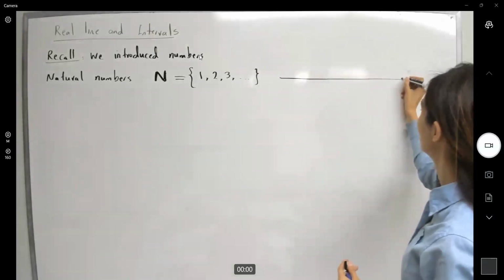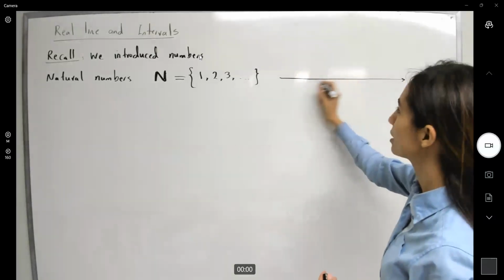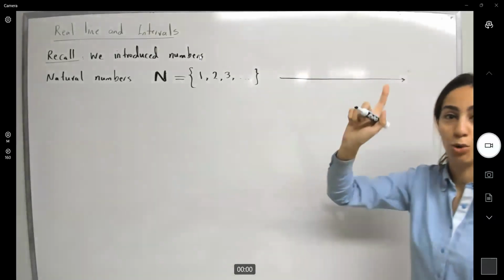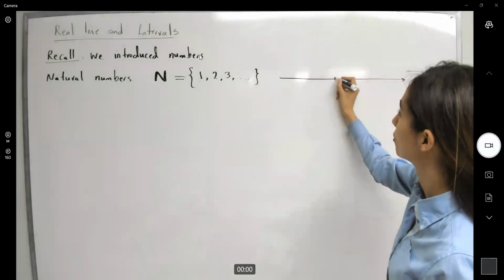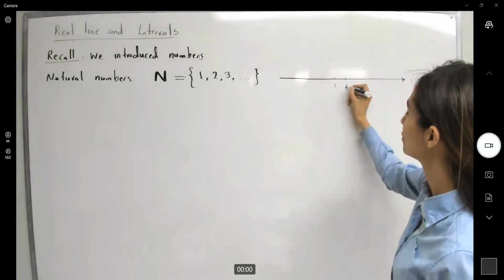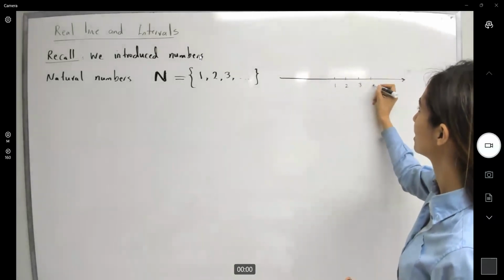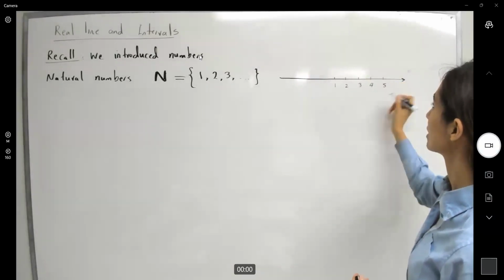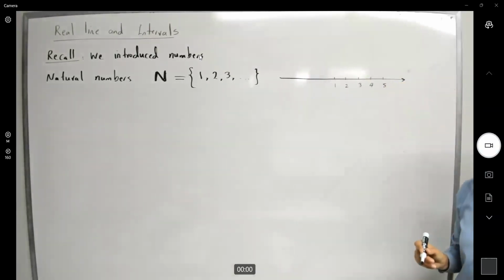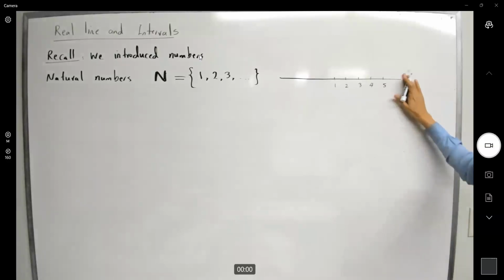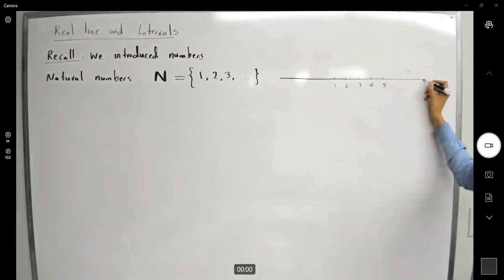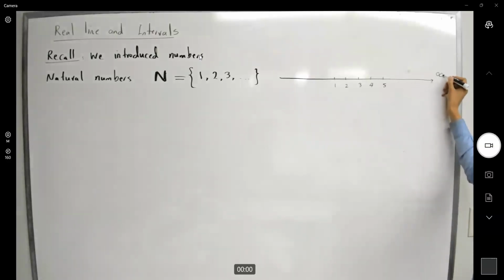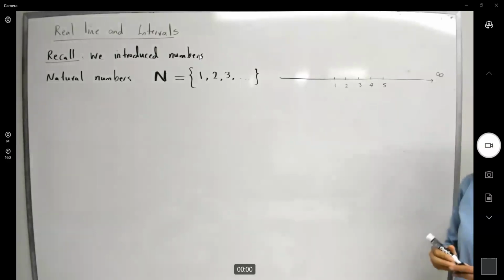Here you have number line, and since it started at 1, you're going to have 1, then 2, then 3, then 4, and the rest of the counting numbers or natural numbers. The numbers on the right-hand side are getting larger and larger, and they go to positive infinity.